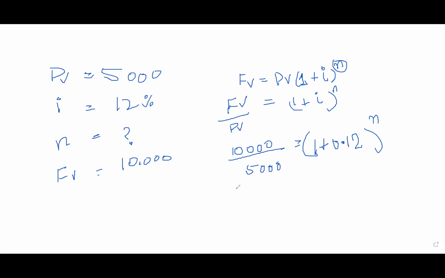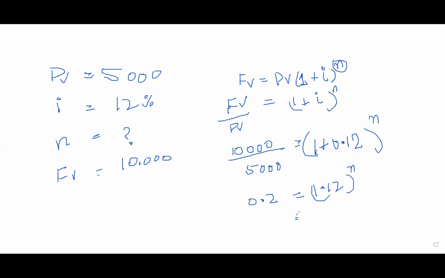So if we divide 10,000 with 5,000, the answer would be 0.2 is equal to, if we add this 1 with 0.12, it would be 1.12 raised to power n.